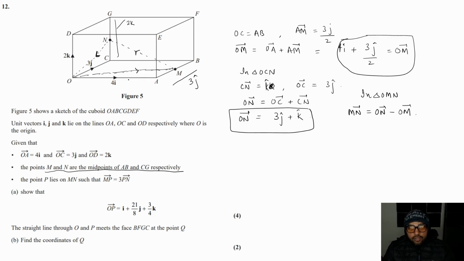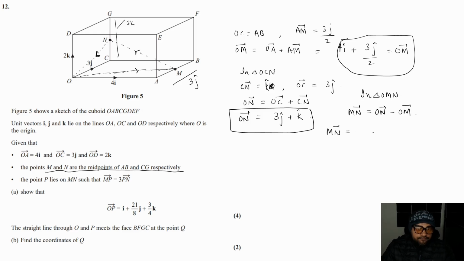We can see the direction goes from N to O, then from O to M, then from M to N. So we need to reverse the sign to justify it.